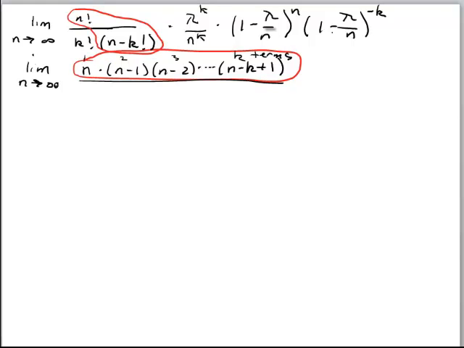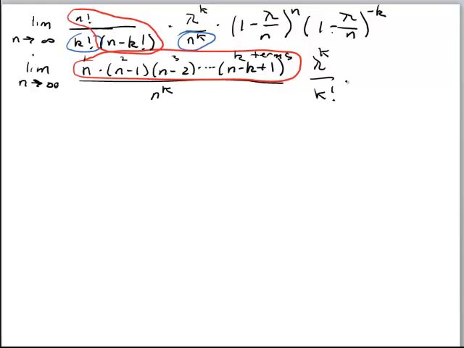So first let's write the n to the k downstairs here. And then we'll say we've got lambda to the k over k factorial, and we brought that n to the k down here.